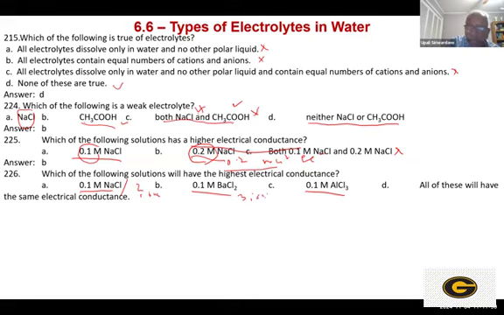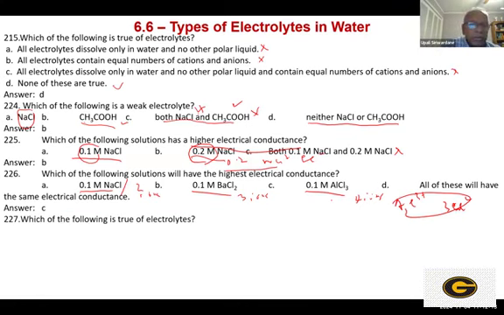This one produces 4 ions: aluminum ion and 3 chloride ions. Therefore, having the same molarity, but the ions dissolved in water produce 4 ions. The answer is: highest electrical conductivity is C.